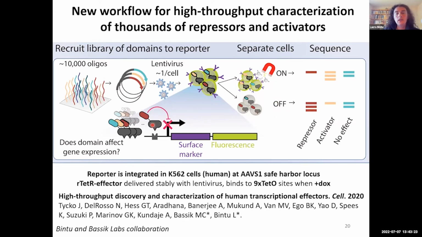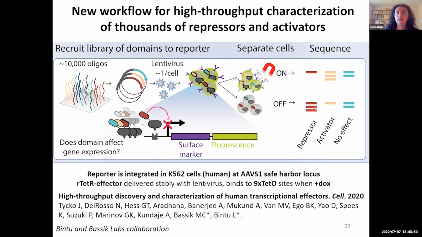And then we say, okay, let's look at what domains we find more often in the population that turned off. The way we do that is by counting, by next generation sequencing. So we extract genomic DNA from both the off and the on population, and then we sequence just the DNA sequence that's now encoding for the domains.